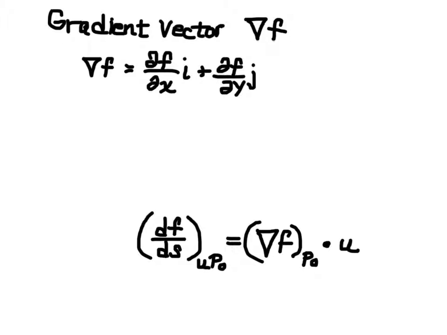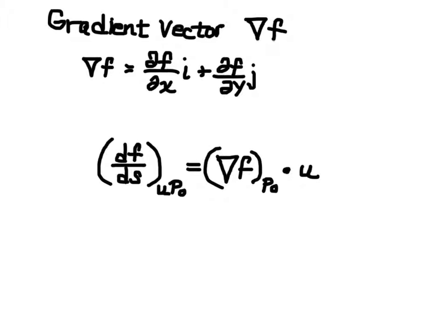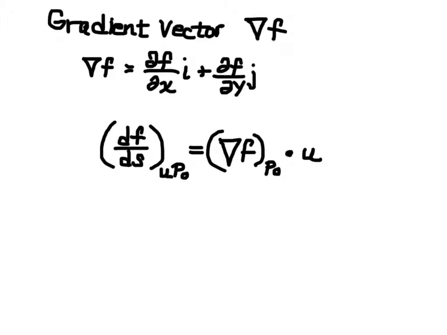This is the dot product of the gradient vector at P naught and u. This gives us the directional derivative.